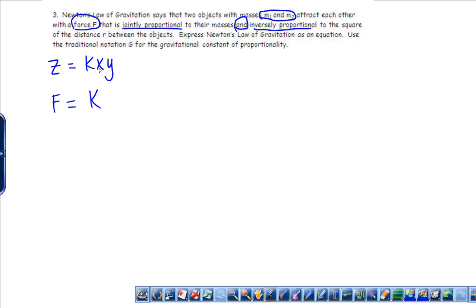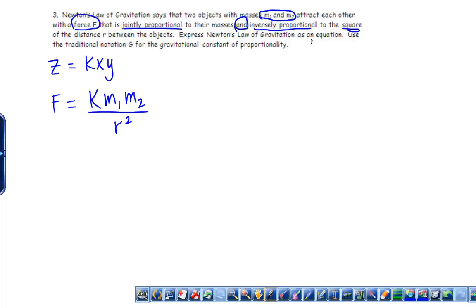So x and y are going to be the masses, which is m sub 1 and m sub 2. Now, what is different about this one is it says and inversely. Remember, inversely is a division problem. And inversely proportional to the square of their distance, which is represented by just plain Jane R. So I'm going to square R.